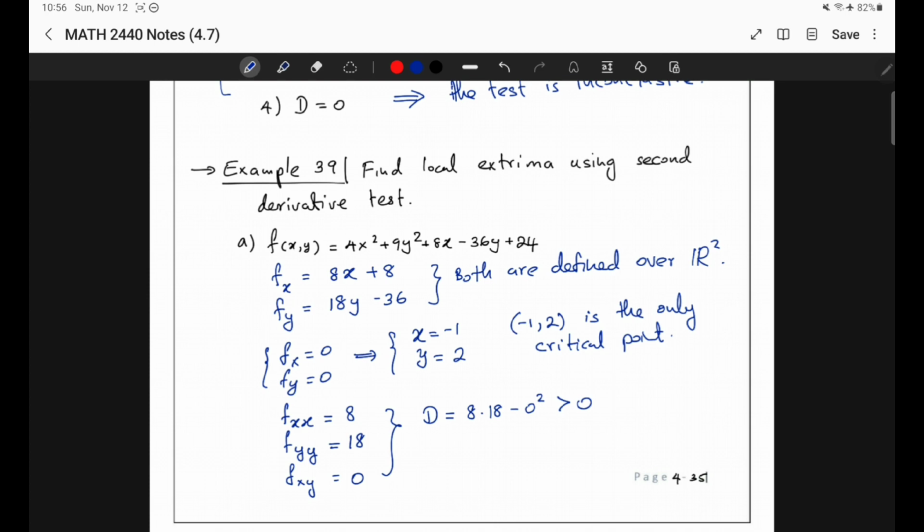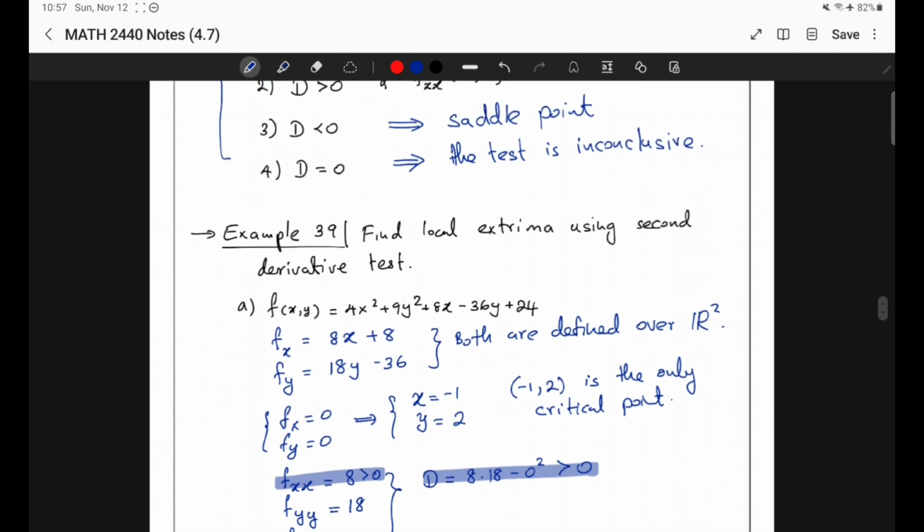Right. Now the discriminant is positive and the second order partial derivative with respect to x is also positive. So now because of these two, let's go back to the second derivative test.